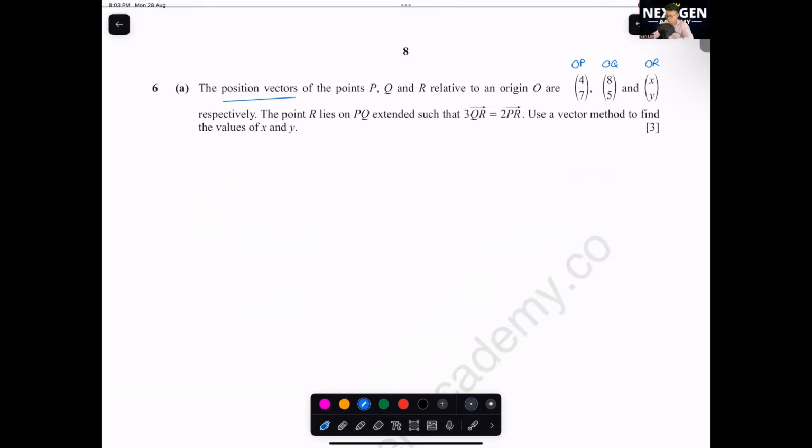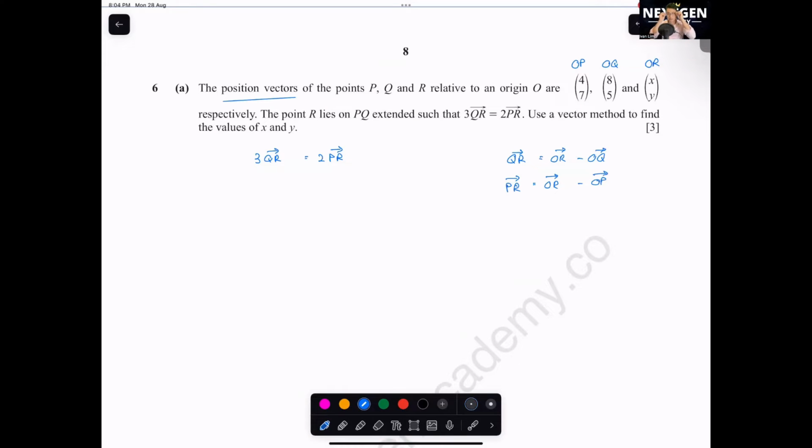So how can we construct an equation of this one? 3QR equals 2PR. Okay, we need to know QR can be written as OR minus OQ. PR can be written as OR minus OP.